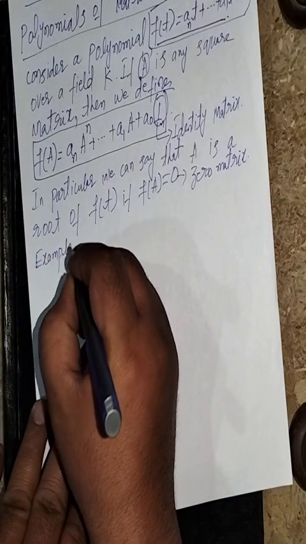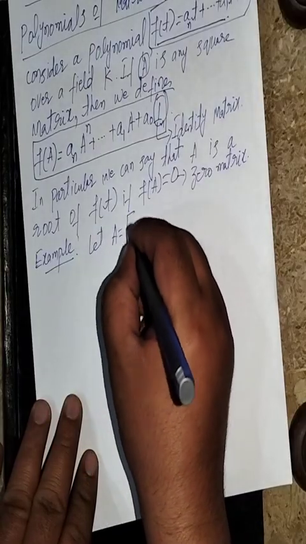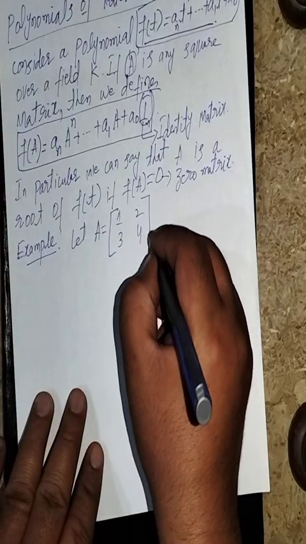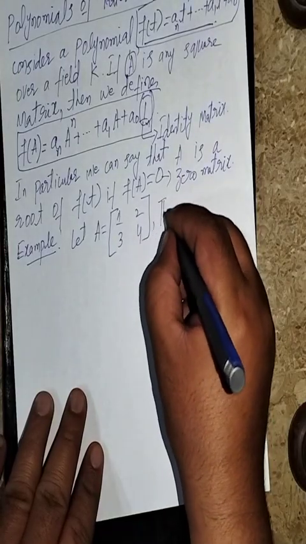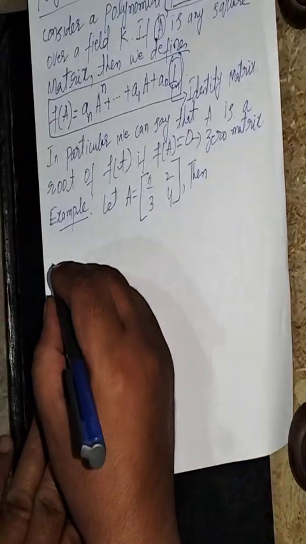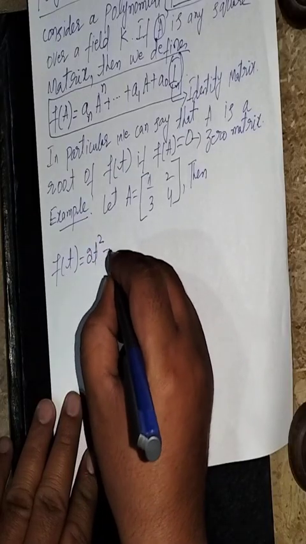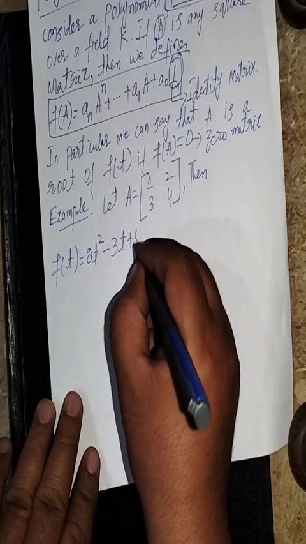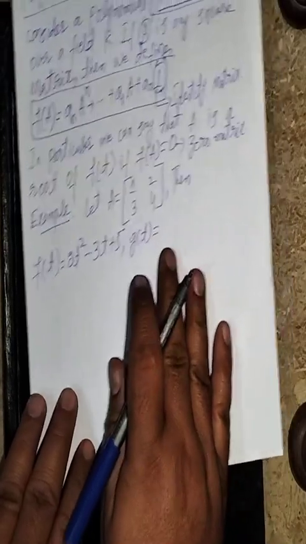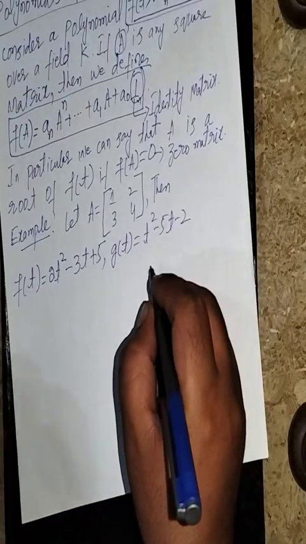Let's do an example of this. Let you have matrix A like 1 2 3 4, then you have polynomial f of t equals 2t square minus 3t plus 5. Another polynomial g of t equals t square minus 5t minus 2.